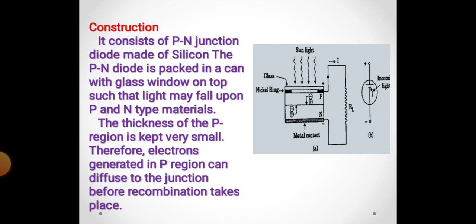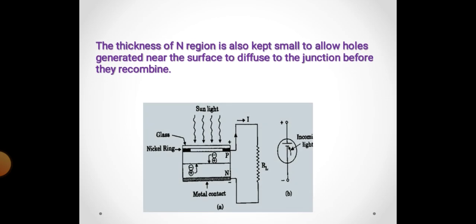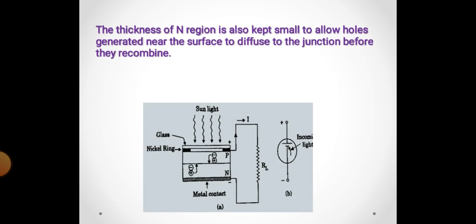The electrons produced in the P region may diffuse to the junction before recombination takes place. The thickness of the N region is also kept very small, to allow the holes created in the N region to diffuse to the junction before they recombine. So in both cases the P and N regions are kept very thin.